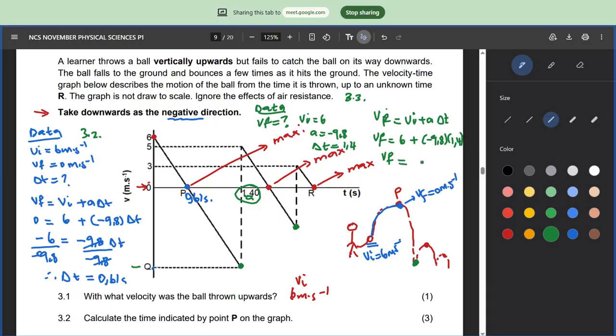I get negative 7.72, sir. Negative 7.72 meters per second. But you can say V final is equal to 7.72 meters per second. Do you understand? Yes, sir.